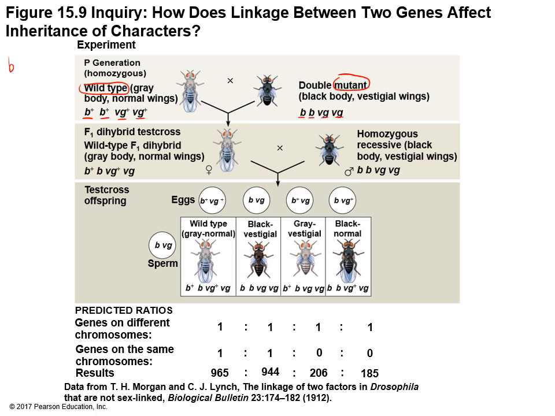So B plus is going to represent a gray body. B is a black body. VG plus is going to be normal wings. And VG are going to be vestigial wings. Vestigial wings are a lot smaller and non-functional.